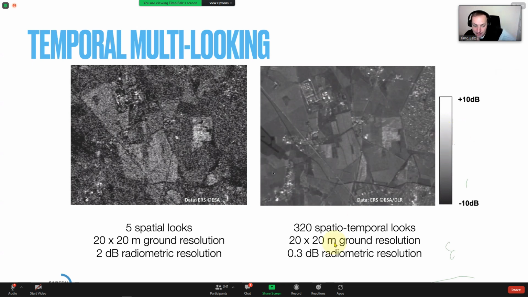That gives you very nice results. You can keep high spatial resolution in that case, under the assumption that nothing changes during your time, otherwise you average different things.